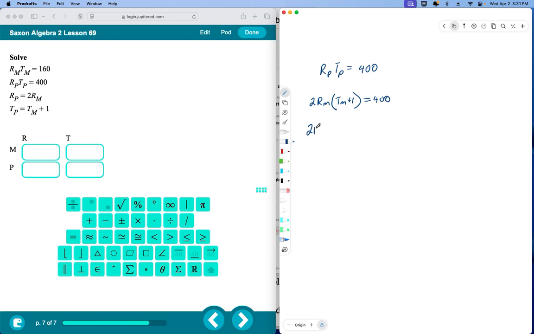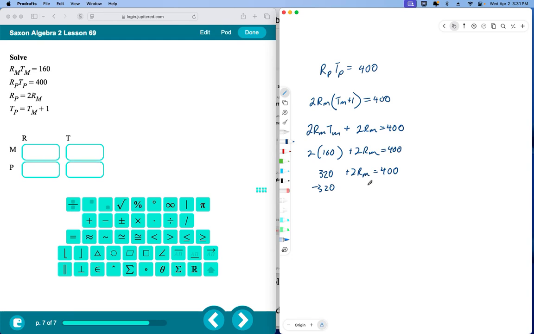Multiplying, 2RM TM plus 2RM is equal to 400. RM TM is equal to 160. So 2 times 160 plus 2 times RM is equal to 400. 2 times 160 is 320 plus 2 times RM is equal to 400.